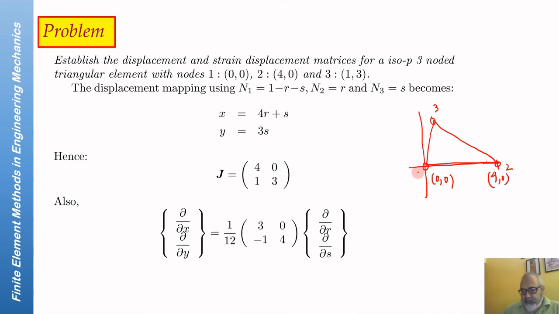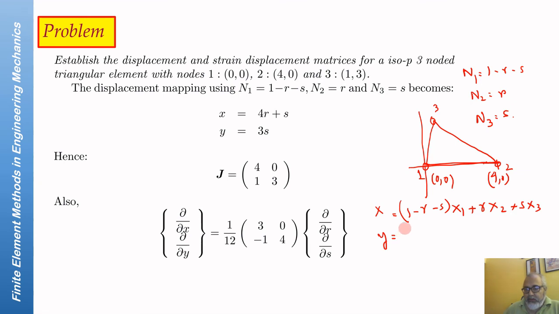So my shape functions, this is 1, 2, 3. This ordering is the same as what I have chosen. So my shape functions, N1 will be 1 minus R minus S, N2 will be R, and N3 will be S, which means the coordinates of any point will be given as x = (1 minus R minus S) x1 plus R x2 plus S x3, and y = (1 minus R minus S) y1 plus R y2 plus S y3.